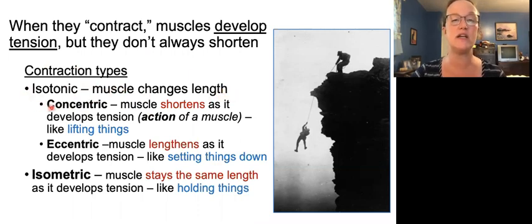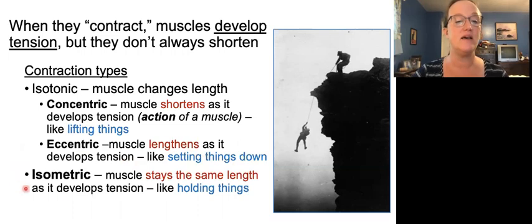In a concentric contraction, that's what you would think of as a typical muscle contraction. The muscle shortens as it develops tension, and it creates a movement. It creates the action of that muscle. In an eccentric contraction, the muscle lengthens as it develops tension. It stretches out as it's developing tension, so it's controlling the rate of movement.